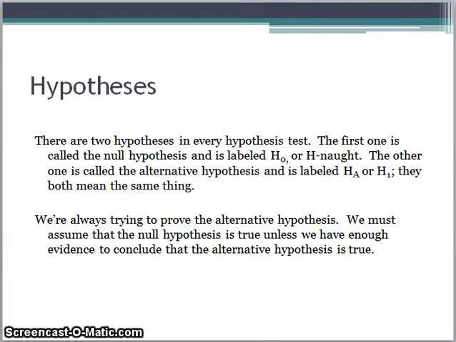And we'll talk more about that as we go. The other one is called the alternative hypothesis, and it's labeled HA or sometimes H1. They're interchangeable. The alternative hypothesis is what we're trying to prove. We are stuck assuming the null hypothesis unless we have sufficient evidence to conclude that the alternative hypothesis is true.